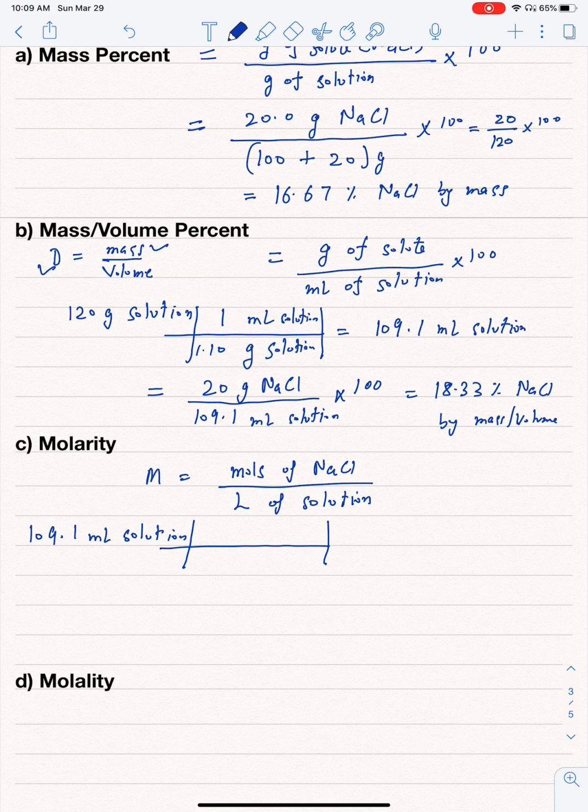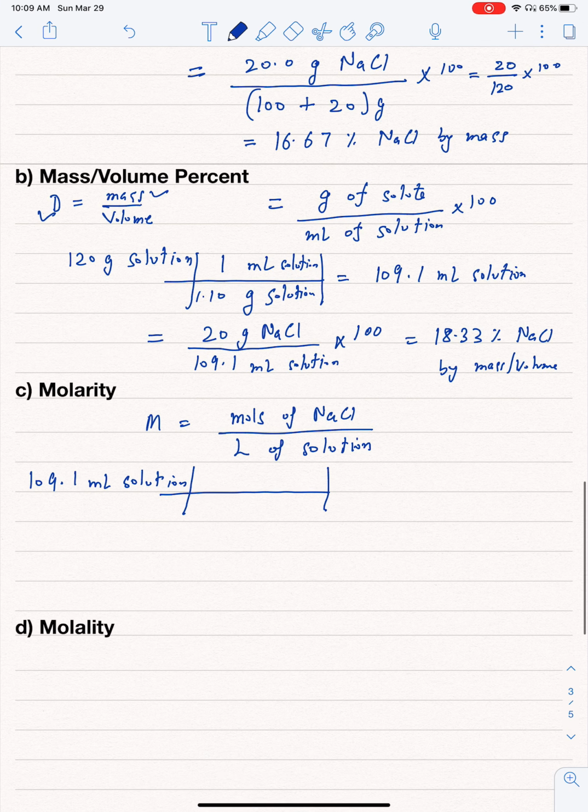So recall the relation between the milliliters and the liters. Since we're trying to find the liters, I want to put liters of solution on the top, and I want to get rid of the milliliters, so I'll put milliliters on the bottom. And what's the relation between the liters and milliliters? Well, 1 liter is 1,000 milliliters.